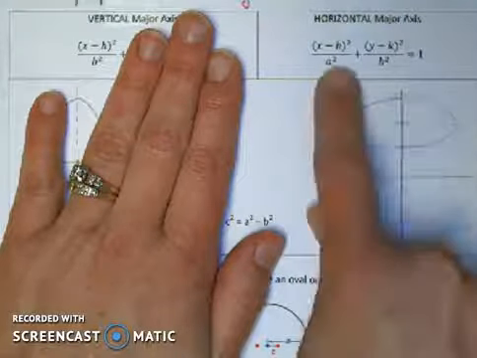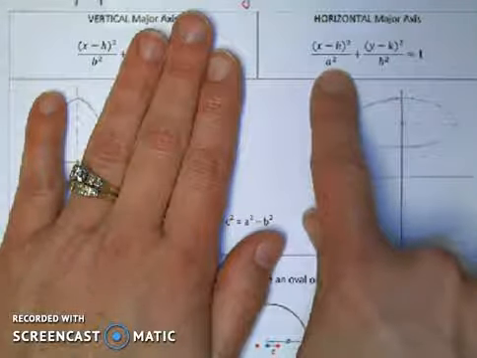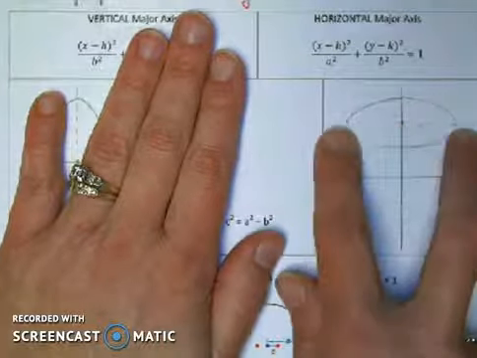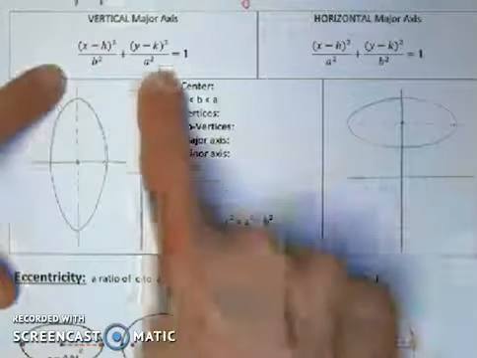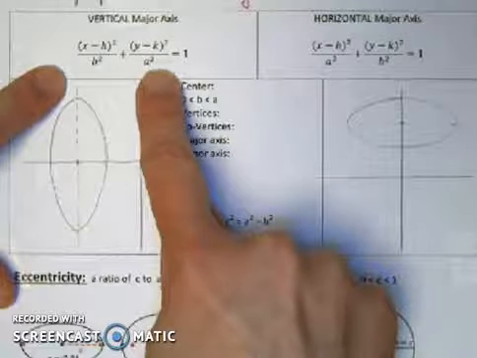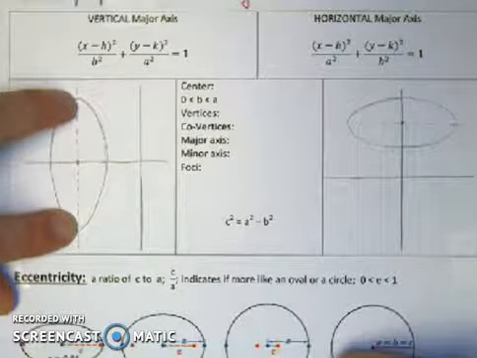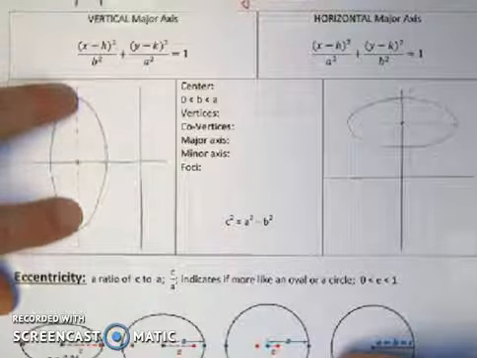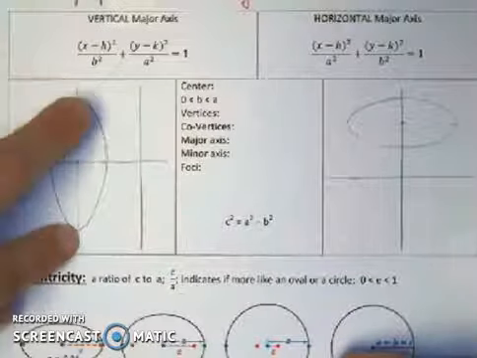So if you'll notice here, a is underneath the x, which is telling me the larger number is underneath the x, that it is going to be horizontal in nature. If the a is under the y, then I know that's a squared, but you take the square root to get a. Then I know that it's more vertically oriented. And this distance would be a. From vertex to vertex would be 2a. Okay? So let's fill in some of this information.